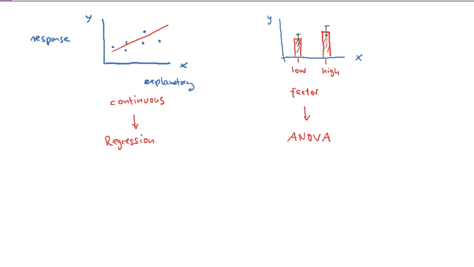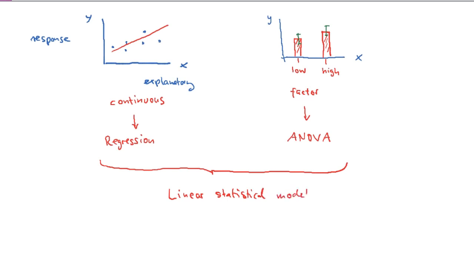Now, these are the two very basic types of statistical analysis that you can do. However, be reminded that these two things here are actually two different variations of the same topic. These are all so-called linear statistical models.